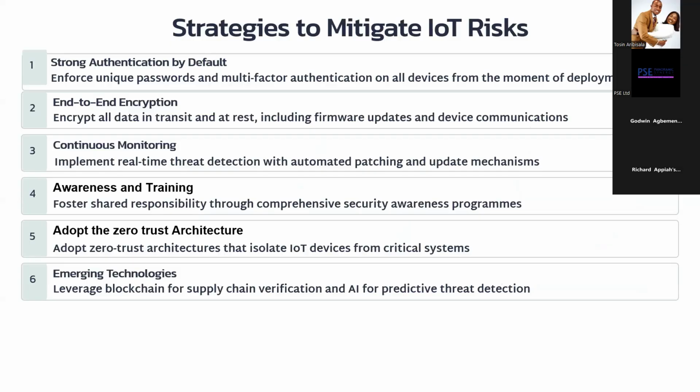So strong authentication by default. So we need to enforce unique passwords and multi-factor authentication on all our devices from the moment of deployment. So we have to have unique passwords and also ensure that we have enabled MFA on all our devices. So all our devices that we use, be it systems, be it our personal devices, we need to make sure we have unique passwords, not just any form of passwords.